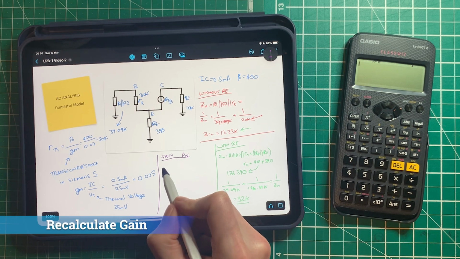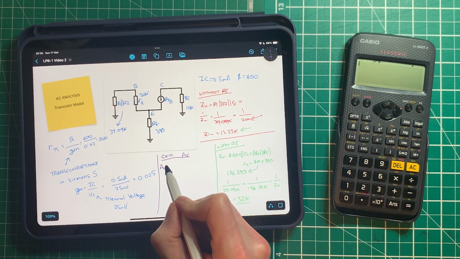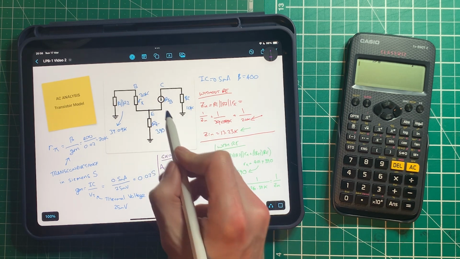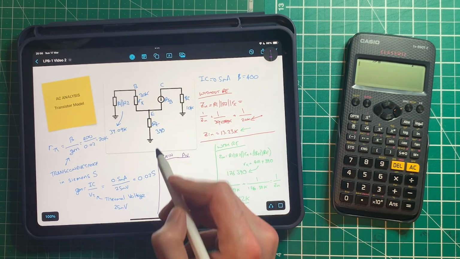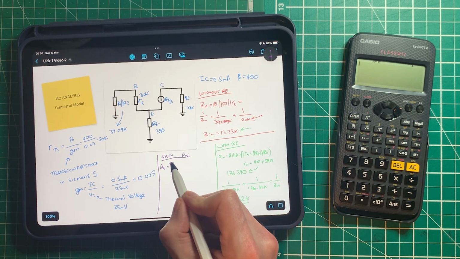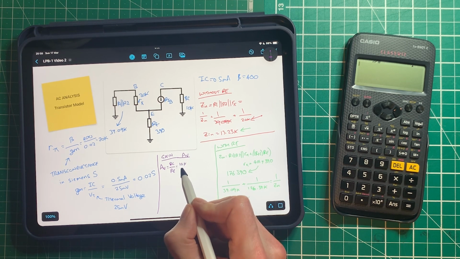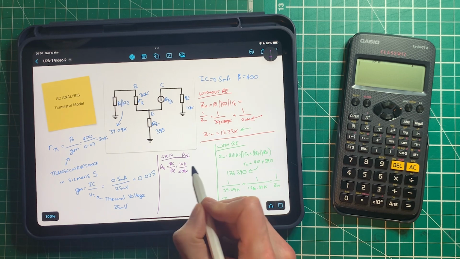Okay, just using a different color here. So before we saw that the gain, the voltage gain, was equal to RC divided by RE, which was 10K divided by 0.39K, which is the same as 390.